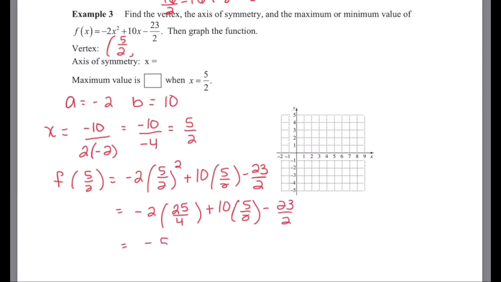This gives us negative 50 fourths, or realistically, we should keep this as negative 25 halves, since these can simplify, plus 50 halves minus 23 halves. Gives us, well, negative 25 plus 50 is positive 25, minus 23 is 2 halves, or 1.